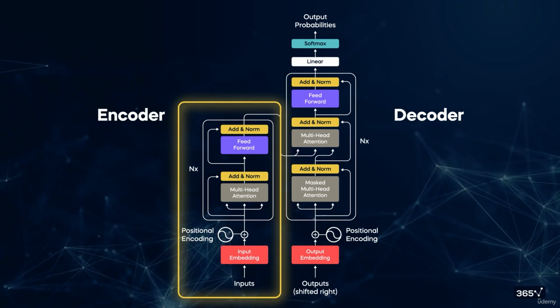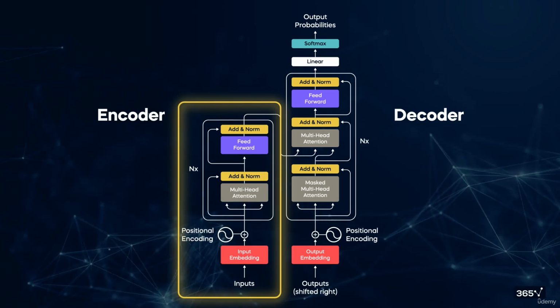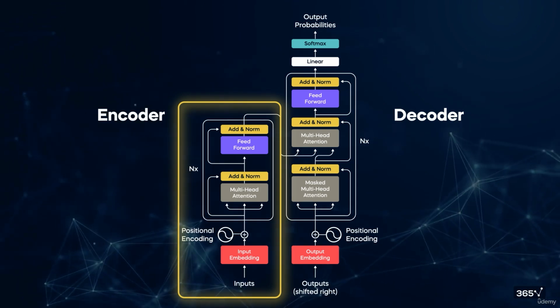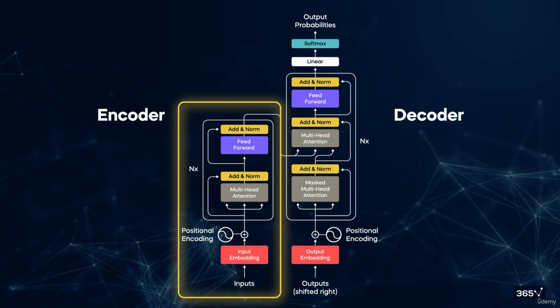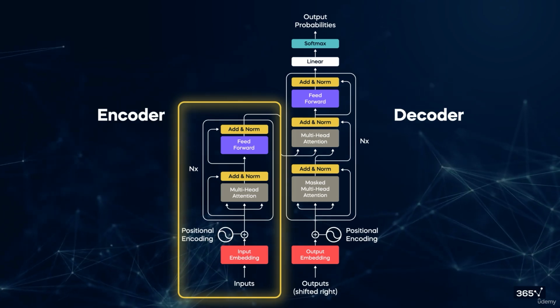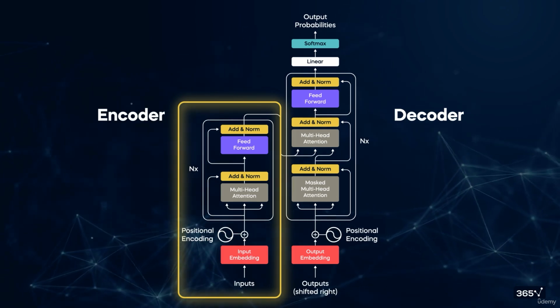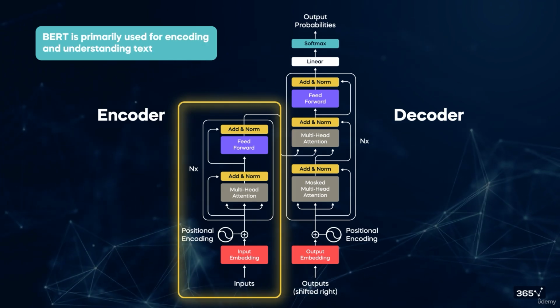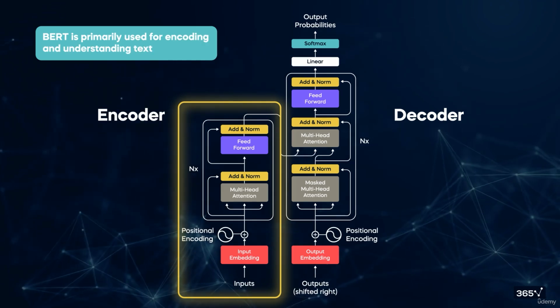Other models based on the transformer architecture, like the GPT series of models, are designed with decoders for tasks that involve text generation or sequence-to-sequence tasks. BERT, in contrast, is primarily used for encoding and understanding text, and it's proven highly effective in this role.